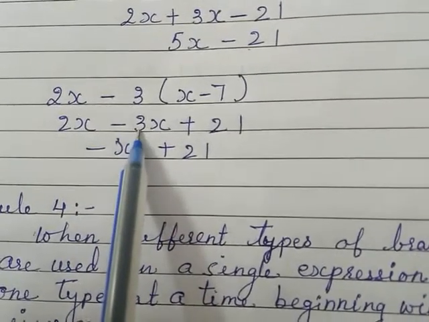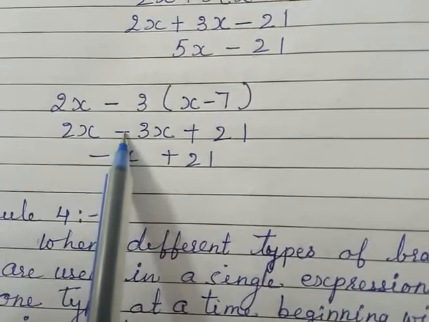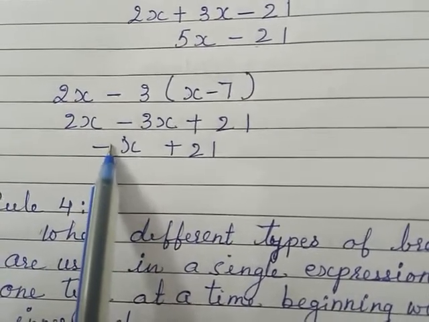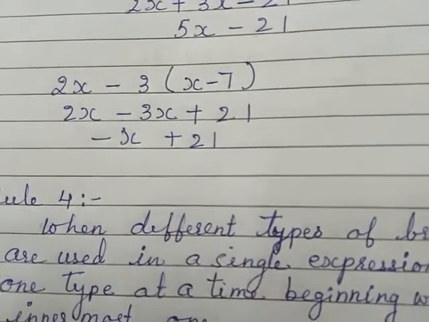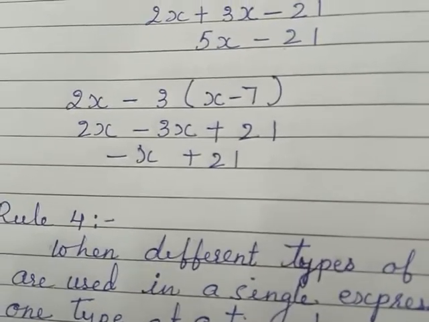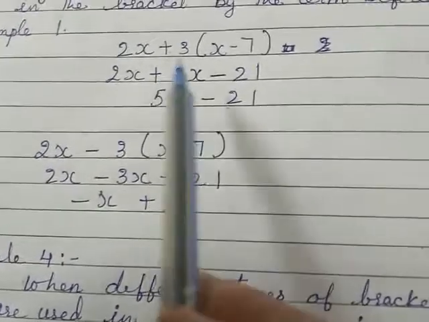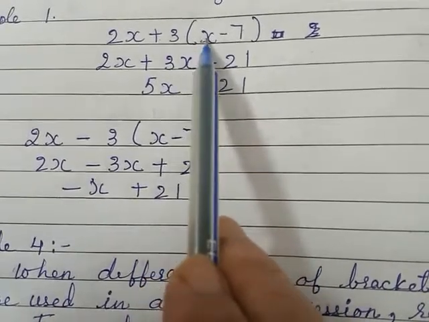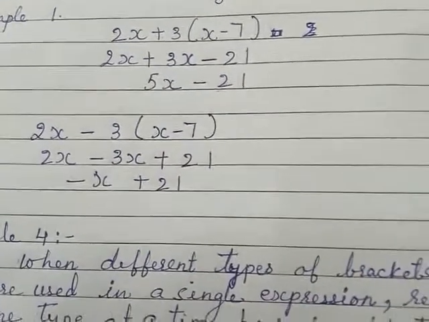See, this 3x is greater than this 2x, so we will put the sign of the greater number, that is minus x, or we can write here as minus 1x plus 21. I hope children you all have understood the third rule, that if any term is present before a bracket, then we will remove the bracket by multiplying each term with the number which is present outside the bracket.